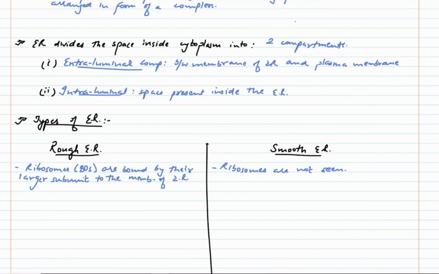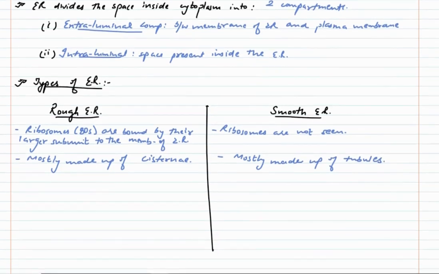The rough endoplasmic reticulum is mostly made up of cisternae, and smooth endoplasmic reticulum is mostly made up of tubules. So cisternae are more in rough endoplasmic reticulum and tubules are seen more in smooth endoplasmic reticulum.